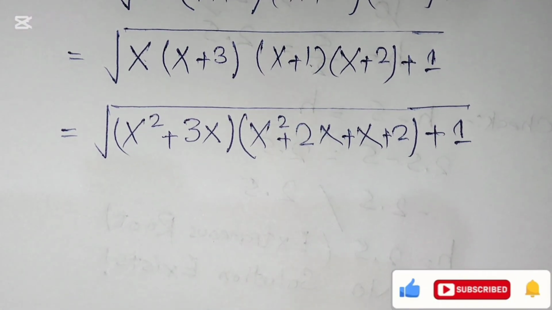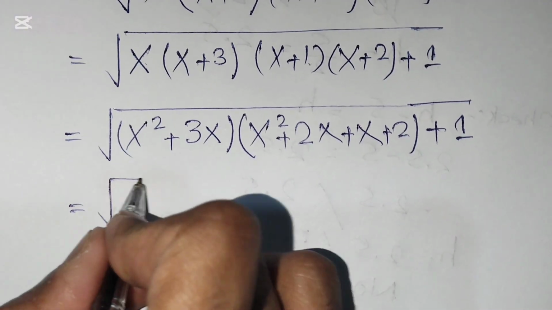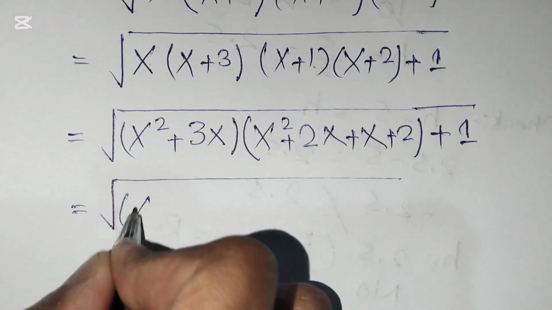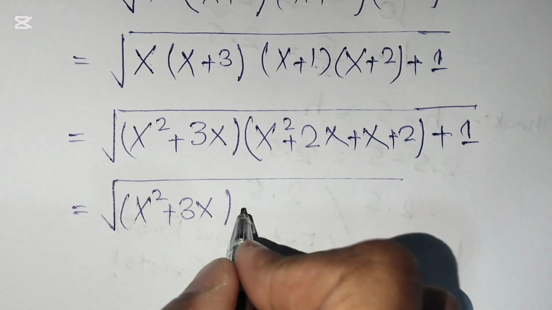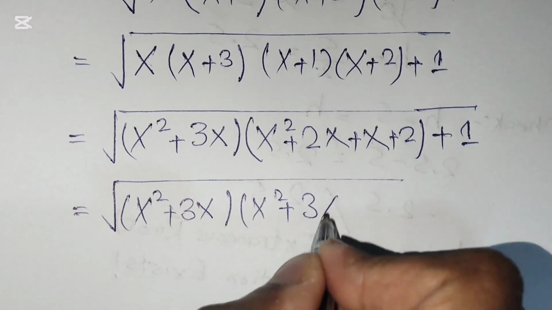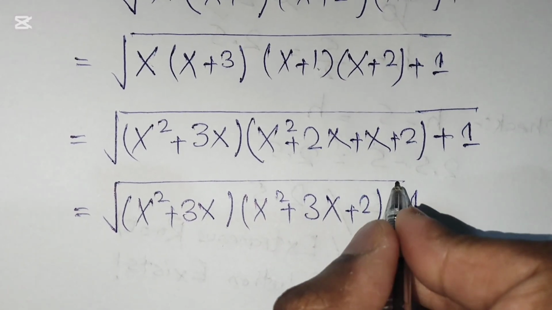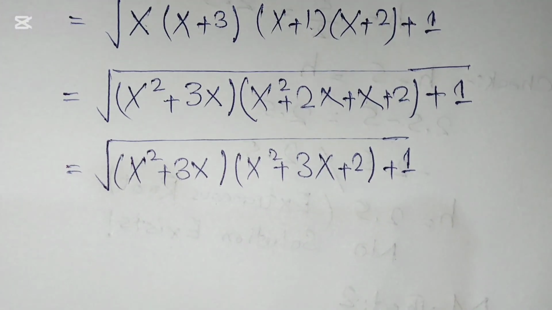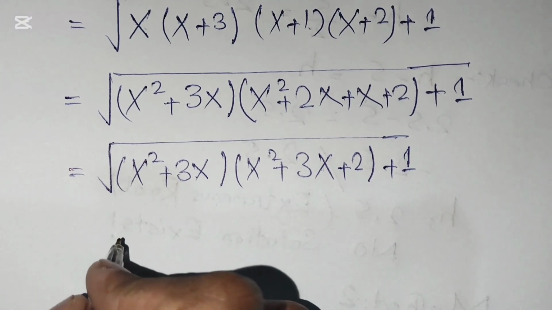Now the equation becomes x square plus 3x, here x square, 2x plus x, 3x plus 2 plus 1. Now x square plus 3x is common in both the terms.